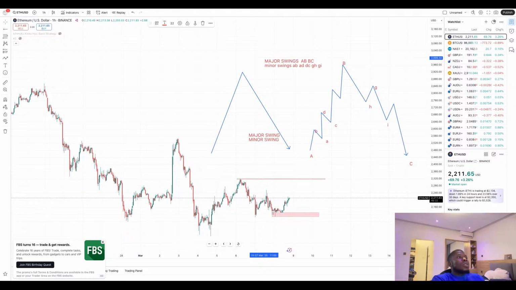So from this point to this point is my major swing. Then these ones in between this major swing are your minor swings.